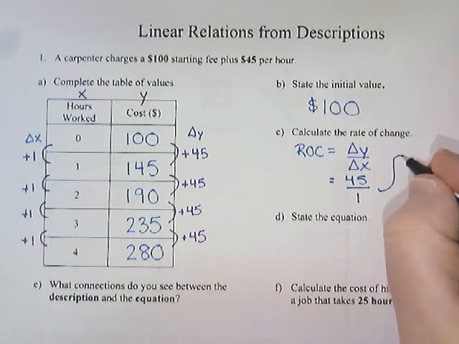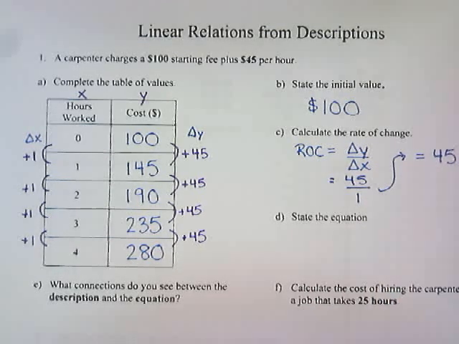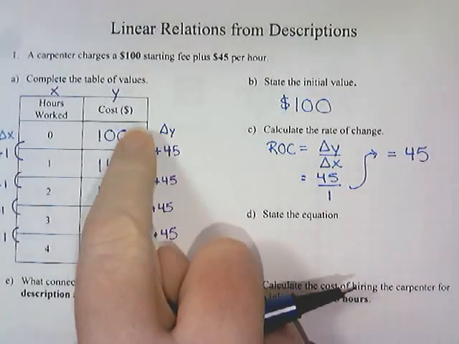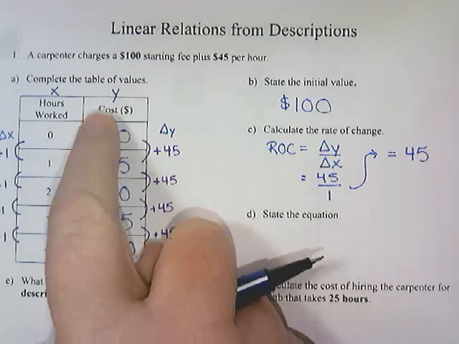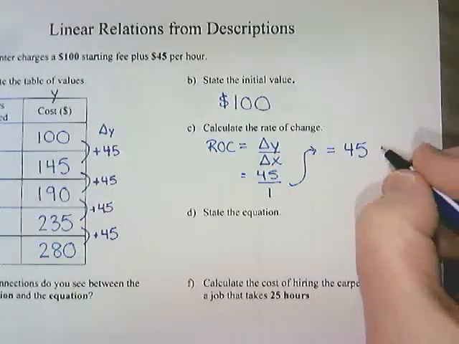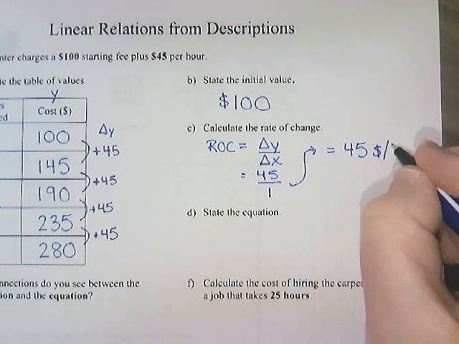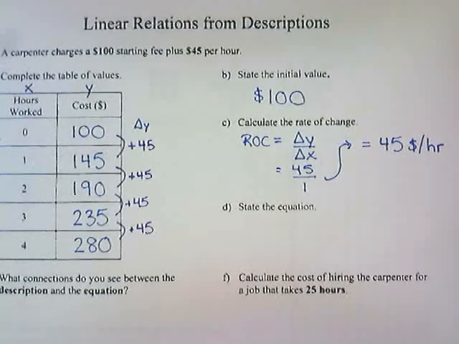And 45 divided by 1 is 45. Now this does have units. It is $45, right? Because delta y was on the top, so y is dollars, and then per hour. So it's $45 per hour.